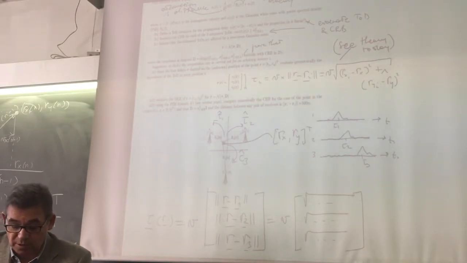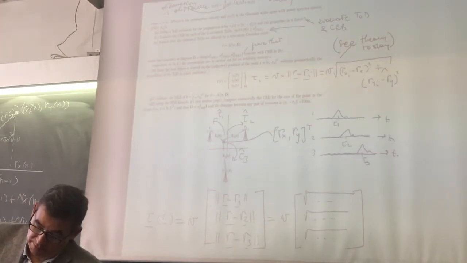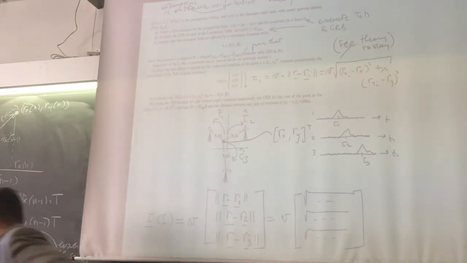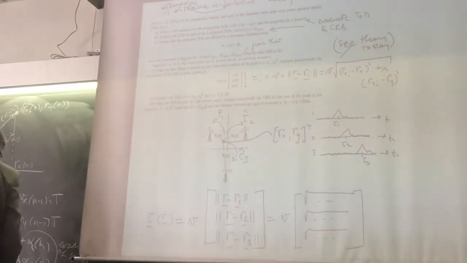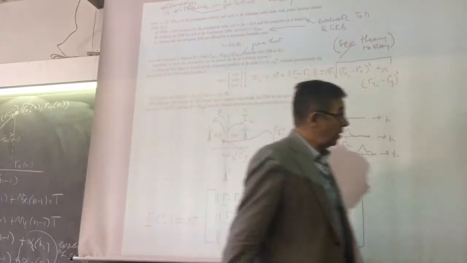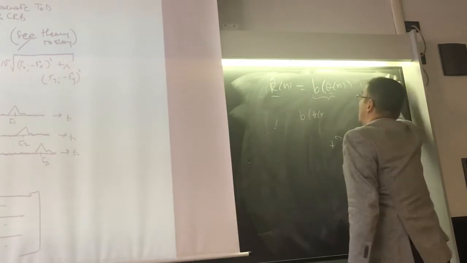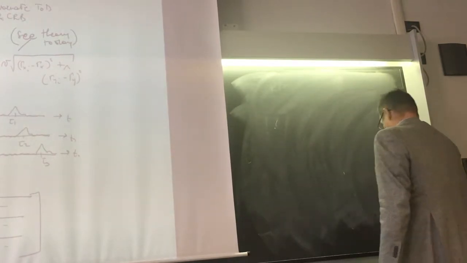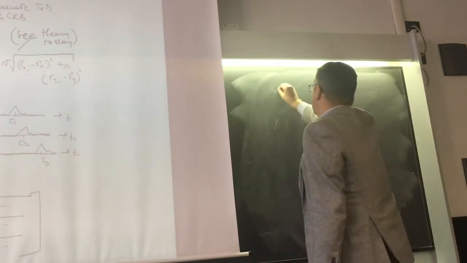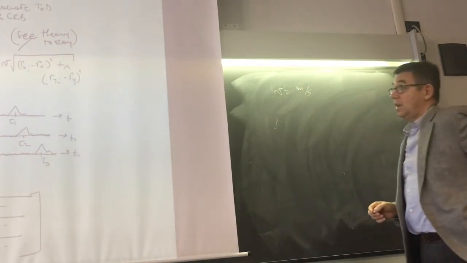The radius, you know, is tau times the propagation speed, which is meters per second.